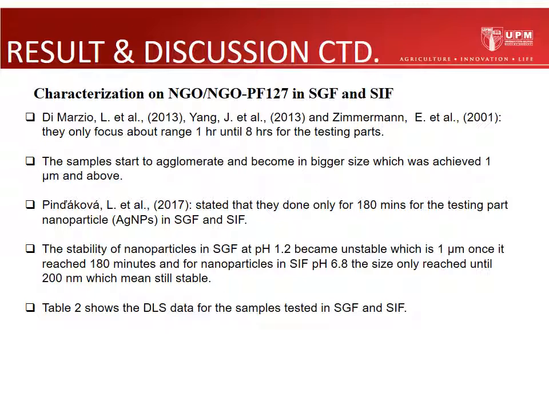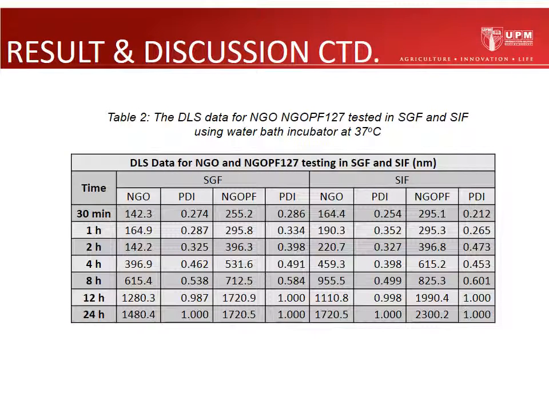But then, when they ran until or maybe more than 180 minutes, the nanoparticle inside the SIF became unstable and reached 1 micrometer. Okay, now as you can see in table 2, this is the DLS or nanosizer data for NGO and NGO-PF127 tested in SGF and SIF using the water bath incubator at 37 Celsius.